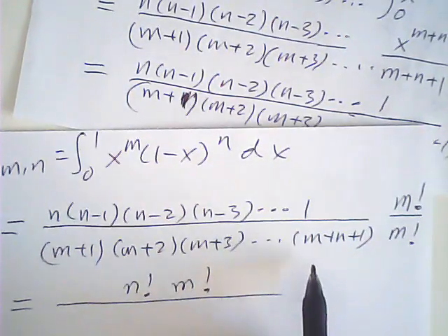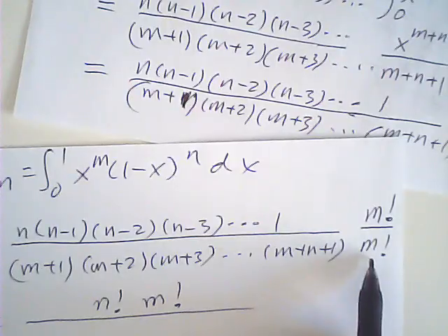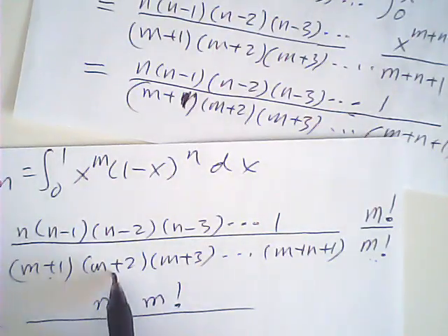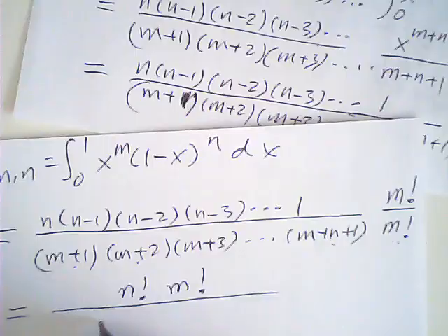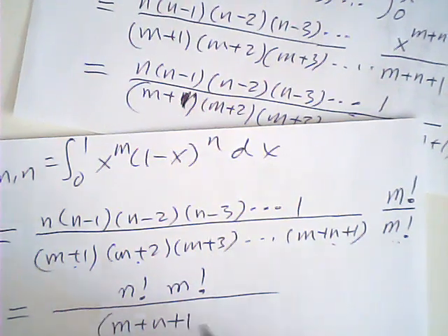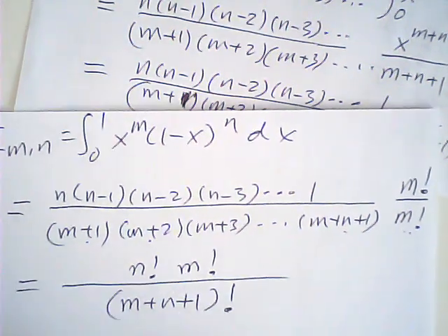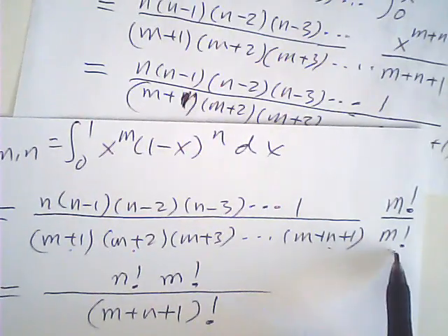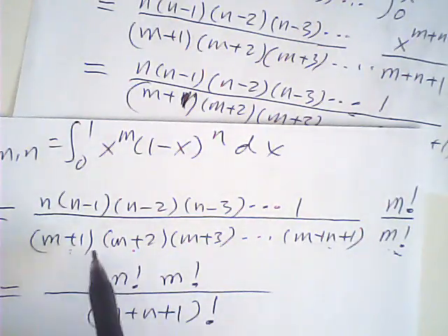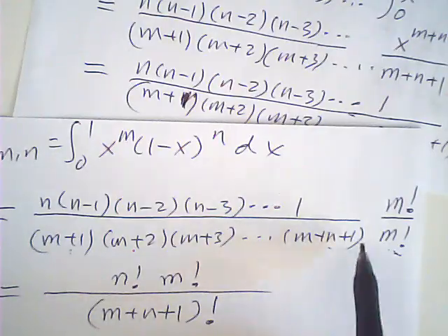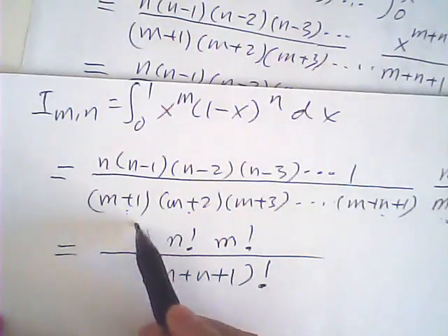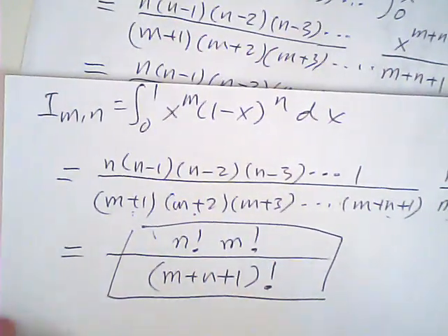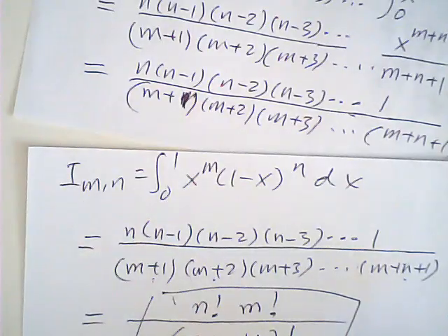The denominator is m factorial times m plus 1, m plus 2, and so on up to this number, so it becomes m plus n plus 1 factorial.